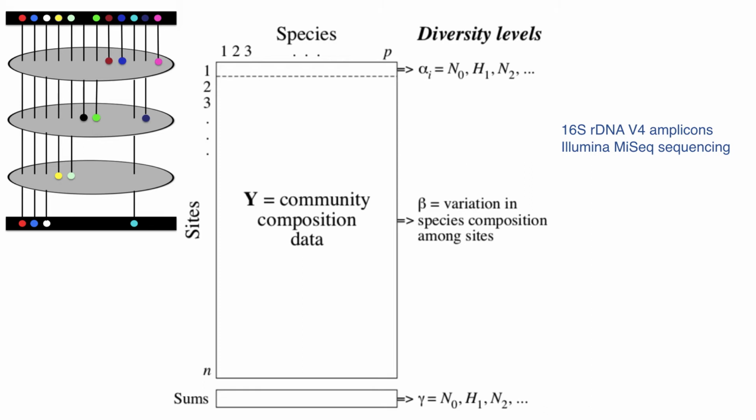So, for example, we do total DNA extraction, we design the sampling strategy to represent each local assemblage and then the geographical range of these assemblages. And then we do, for example, hypervariable V4 region amplification of the 16S rDNA.